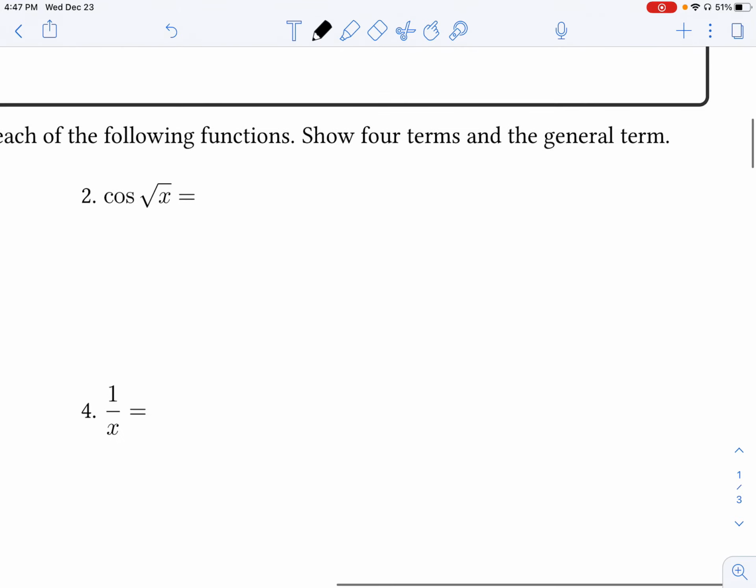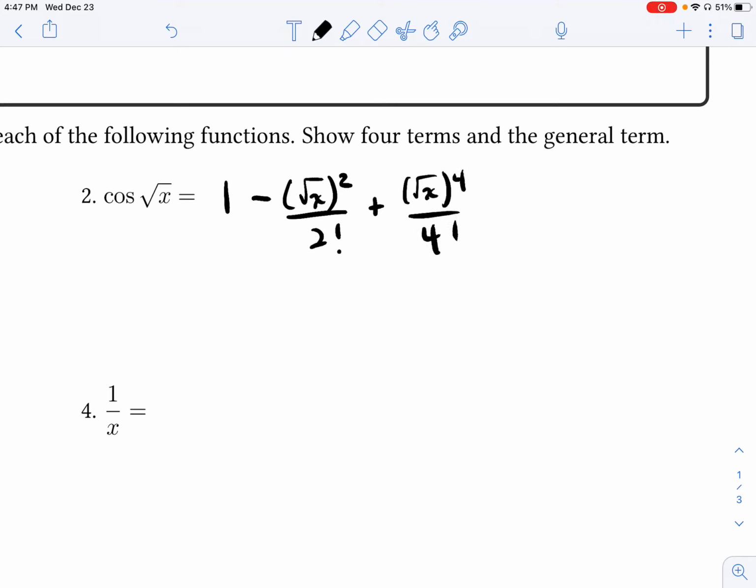The first term is 1, minus, and we square our variable, in this case root x squared, over 2 factorial, which would just be x, plus root x to the fourth power over 4 factorial. And you see over and over again what's going to be happening. Then we have root x to the sixth power, which is just x cubed over 6 factorial. We're going to just keep doing that.